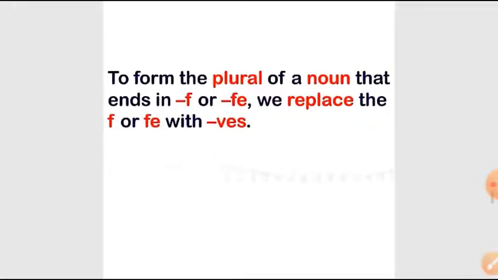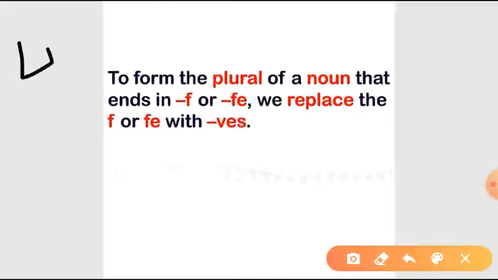So we have completed the third rule as well. Now we have to complete the fourth rule now. See, what is it? To form the plural of a noun that ends in f or fe, we replace the f or fe with ves.